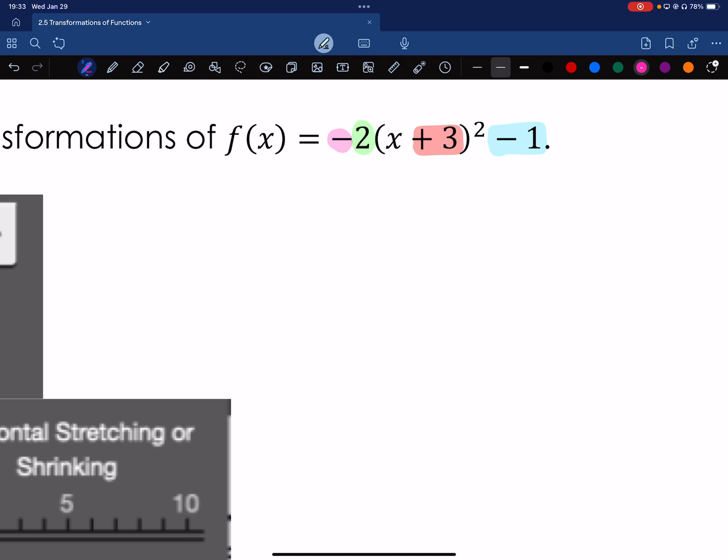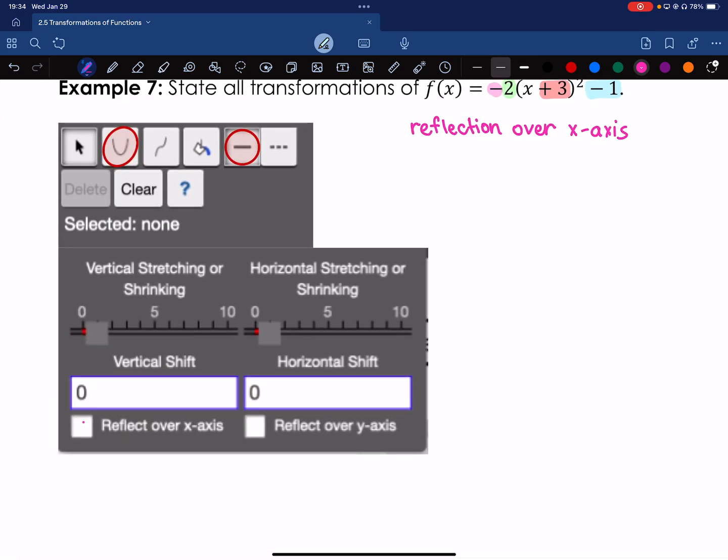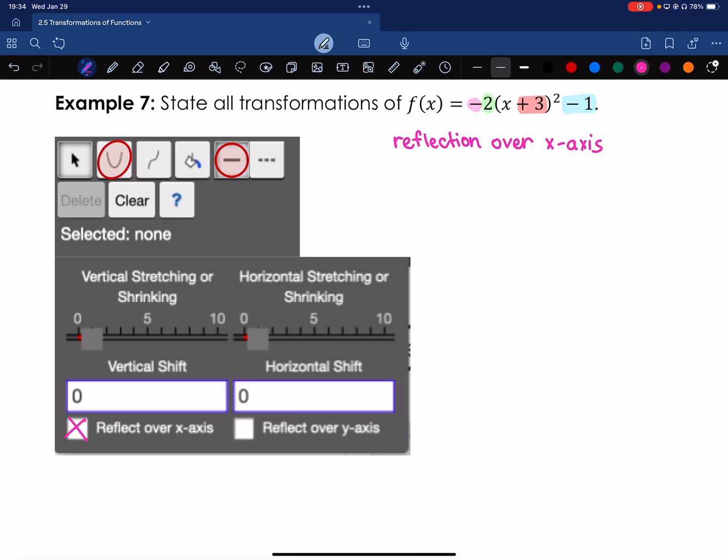So the minus sign, remember, that's our reflection over the x-axis because it's out in front. So that means that you would check the box at the bottom. Okay. Then that 2, it's out in front. That is our vertical stretch by 2.